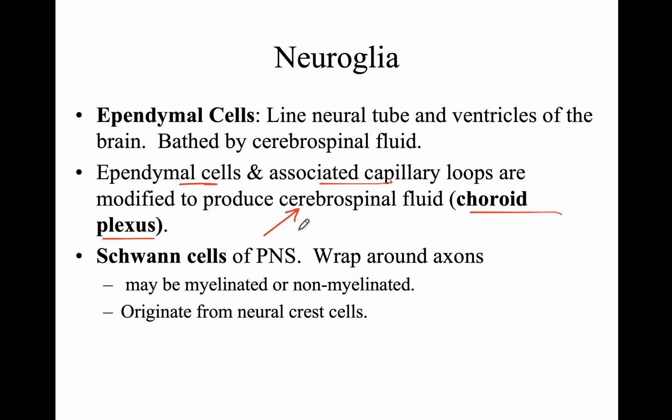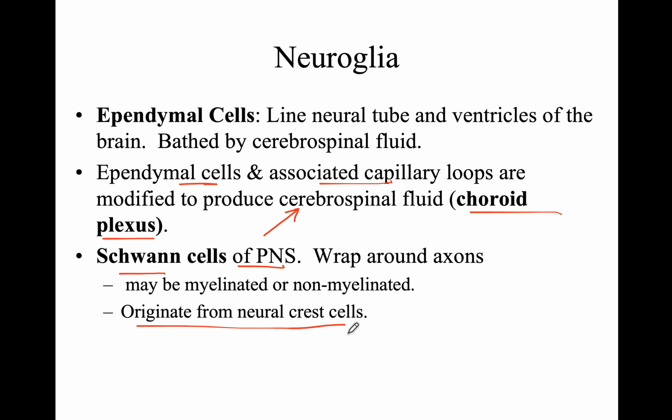The only cell found in the peripheral nervous system is the Schwann cell, and usually these cells wrap around the axons, and this results in the formation of myelinated and non-myelinated nerve. The origin of this cell, very important, is neural crest cells.